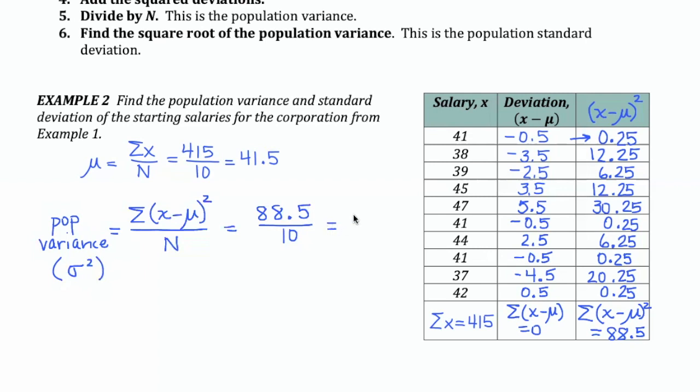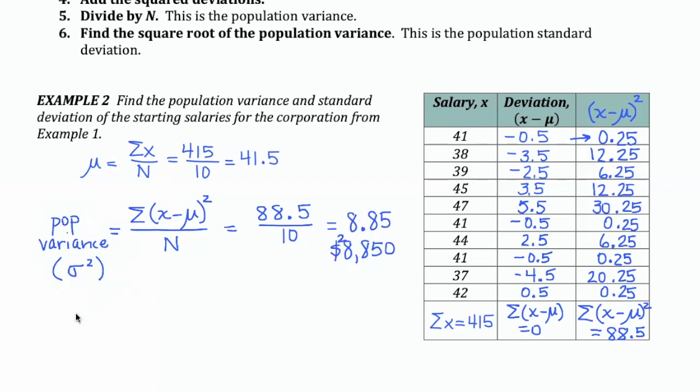And when you calculate that, you would get 8.85. And keep in mind that's in thousands. So really that number represents 8,850 dollars squared, which again is just weird.